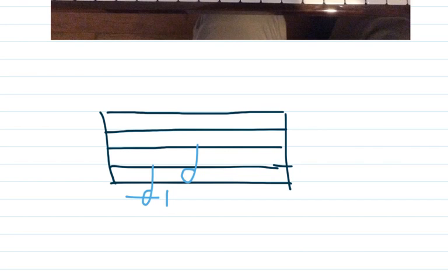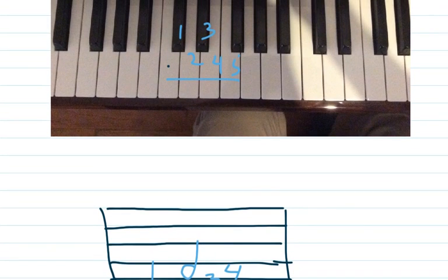So you can count from a generic, it's 1, 2, 3, 4. As you can see, it's a fourth. But what makes it a perfect fourth is that it is made up of 5 half steps on the keyboard.